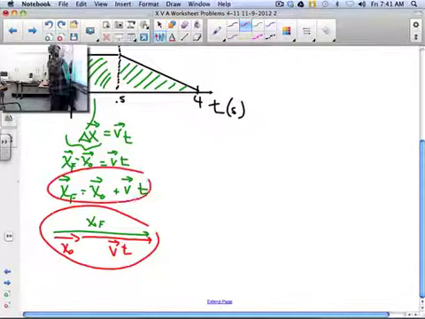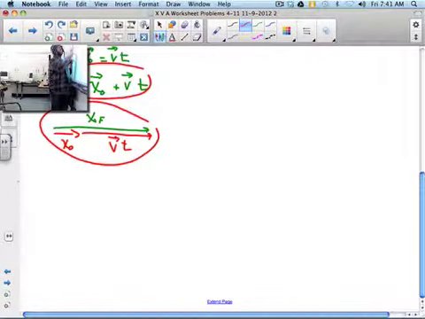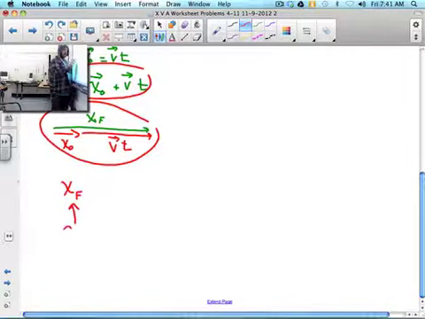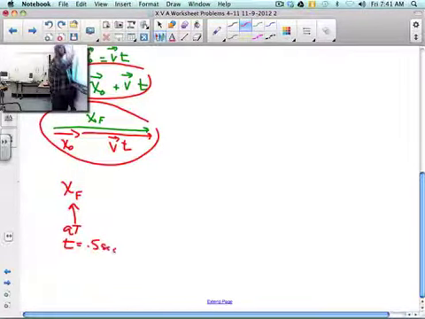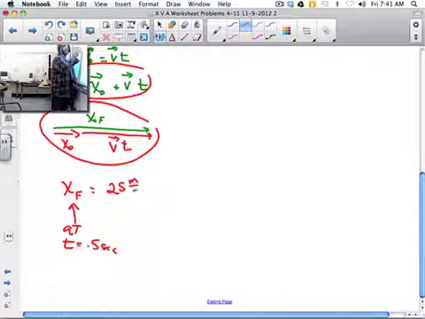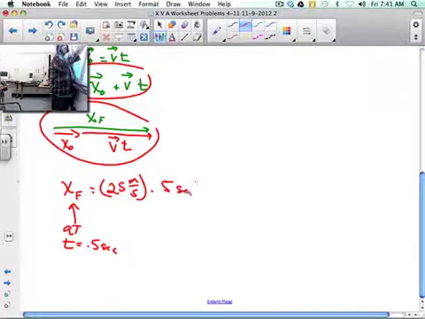And I guess you could get cute and put numbers in. Let's make life easy and make our initial position 0. So then final position of the car at t equals 0.5 seconds is going to be, what, 25 meters per second times 0.5 seconds.